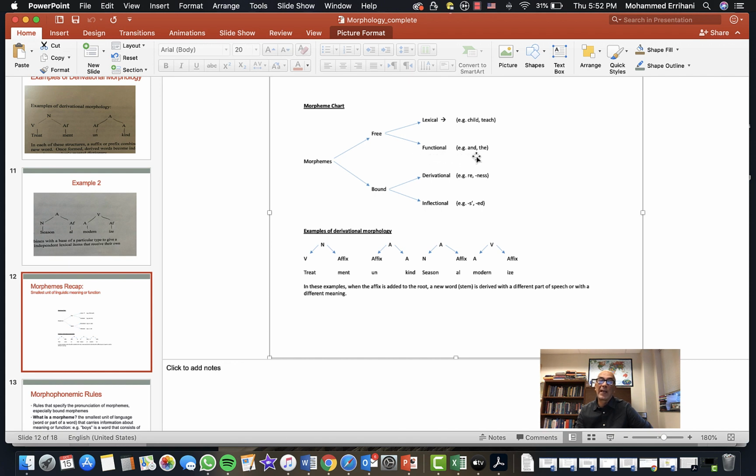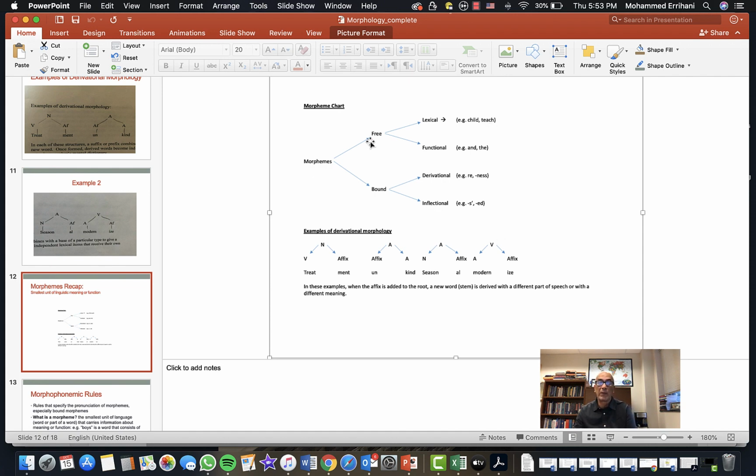So in this case, it would be and or the. Here, functional means grammatical, okay? Or it can have a vocabulary meaning or a lexical category. A child is a noun, and teach is a verb.